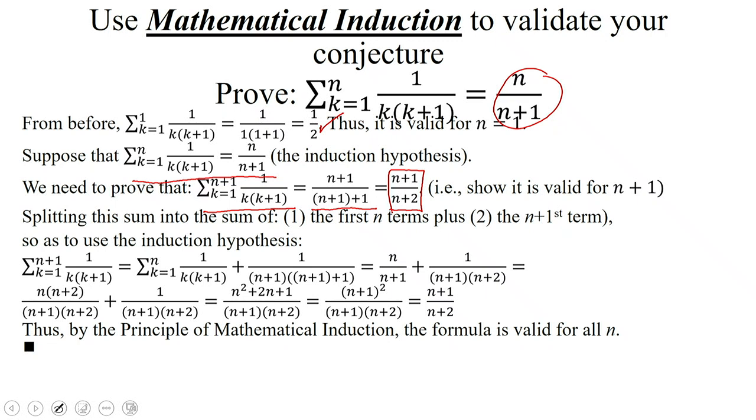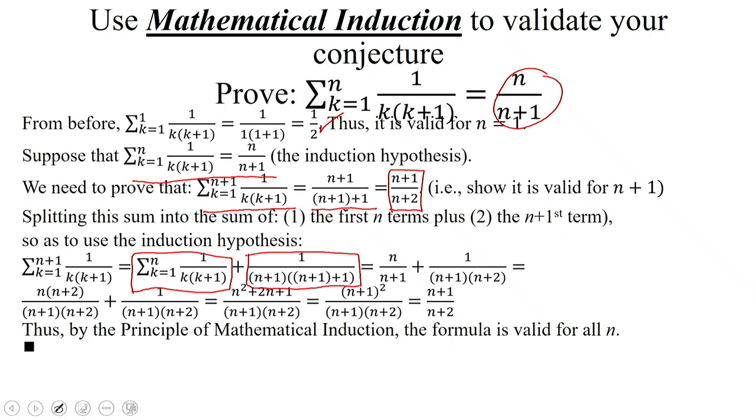And how do we show it? Well, we take this summation and break it up into the sum of the first n terms, which we're assuming is correct, and we need to add to it the next term in the summation.